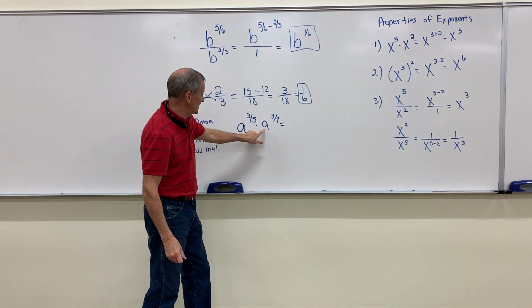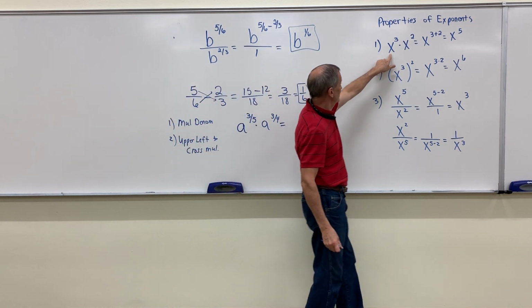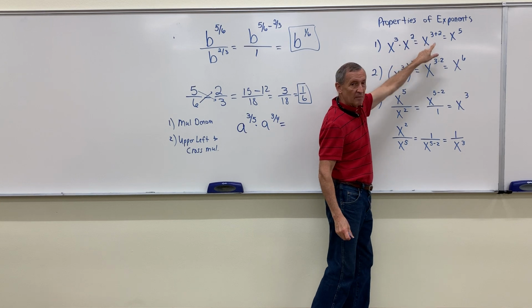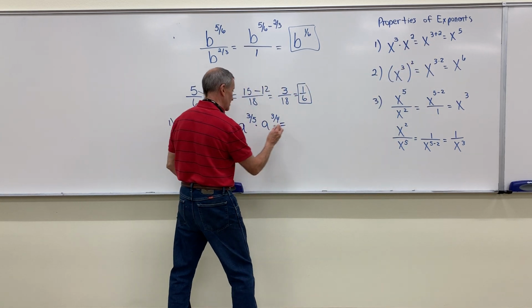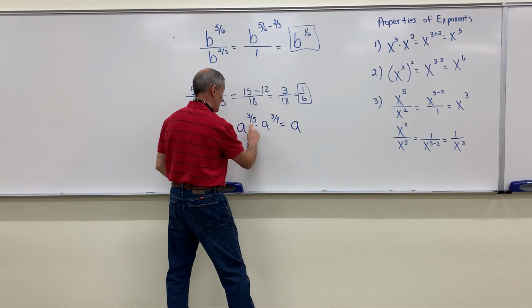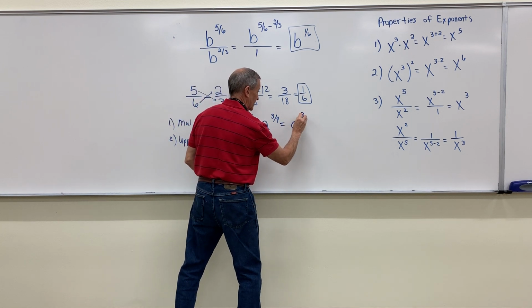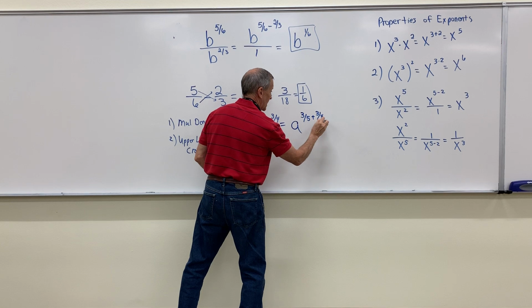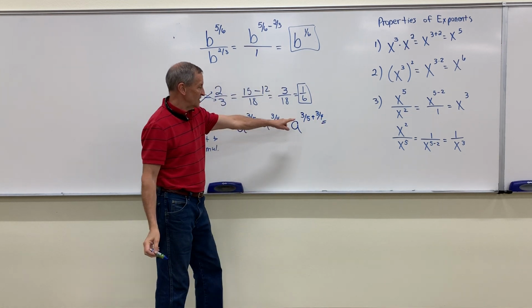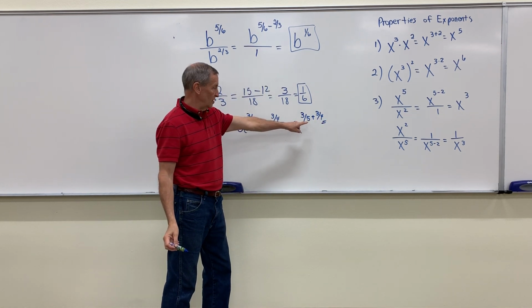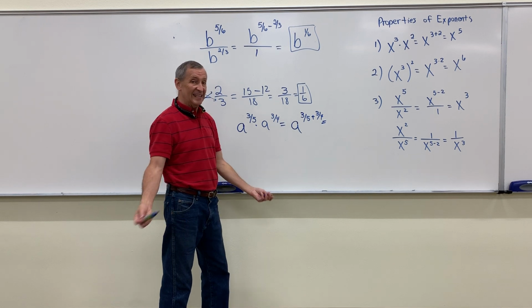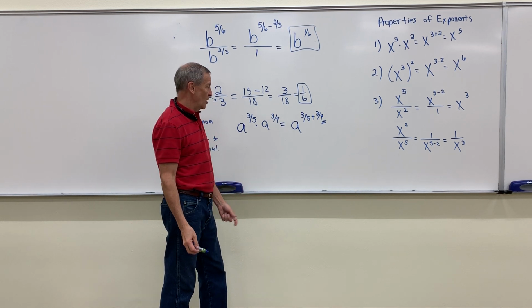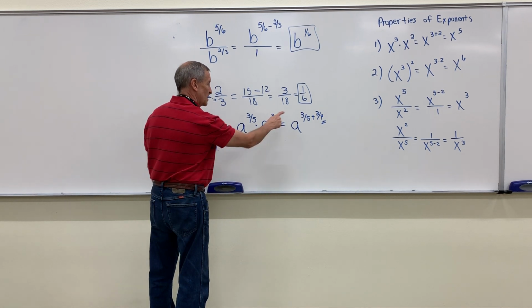Same base, add my exponents. So I'm going to do a to the that plus that. Again, I'm being asked to combine two fractions with different denominators. I can either get a common denominator or I can use the handy dandy method.